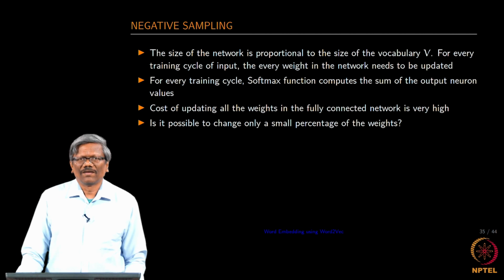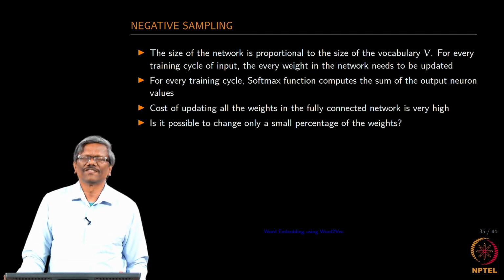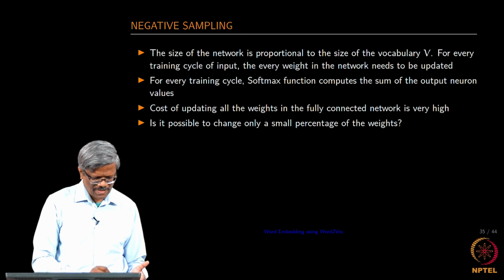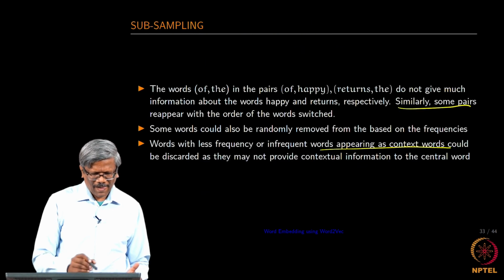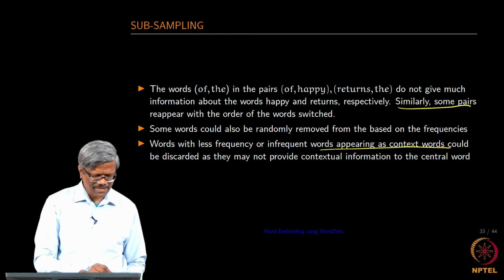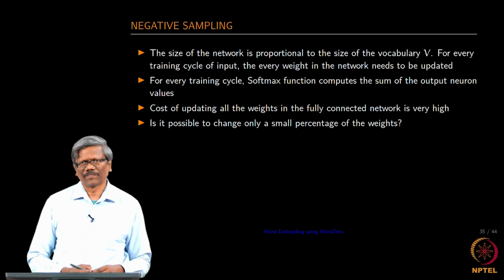So, we need to be able to reduce the number of operations in the entire backpropagation. Those are the ideas we are now using to reduce the computation. Subsampling is one. The second one is negative sampling.